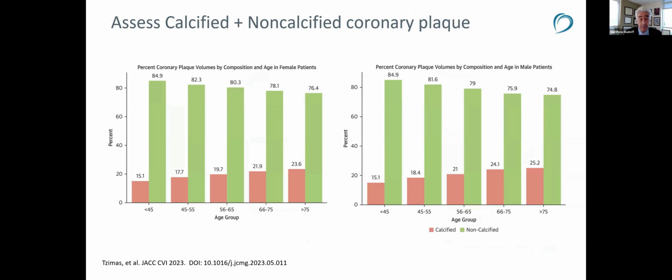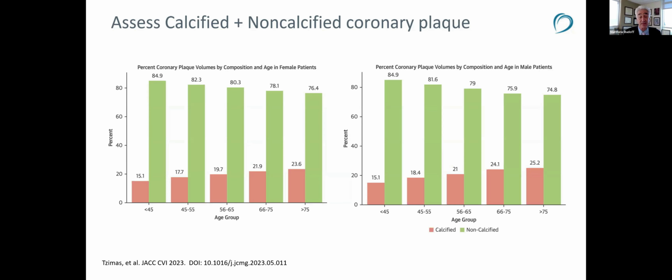I think the most important thing that we're now recognizing is the step up that we get beyond coronary calcium. Here you can see calcified plaque in orange in different age groups, women on the left, men on the right. But you can see that a good percentage of the plaque is non-calcified plaque. And more importantly, the relationship between calcified plaque and non-calcified plaque changes based on sex and based on age.